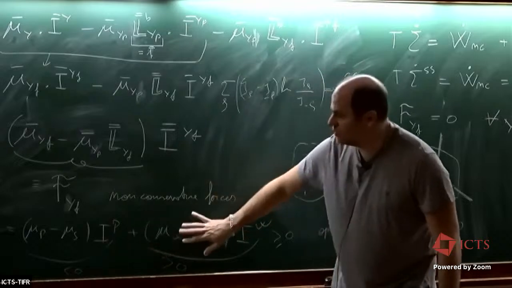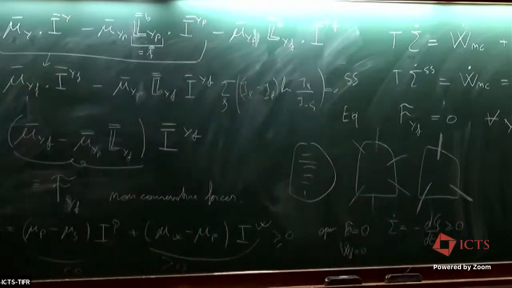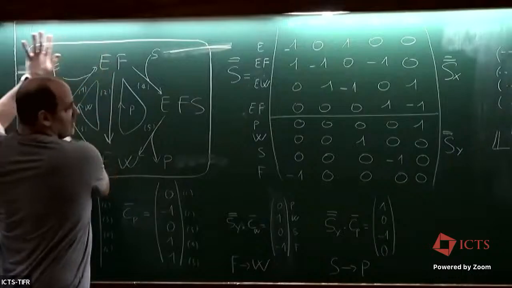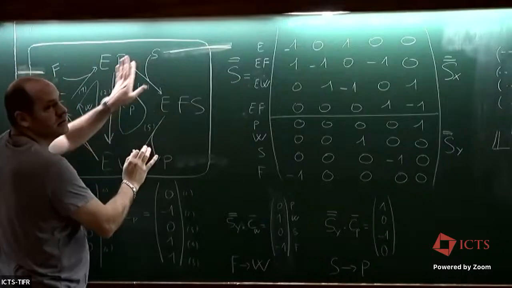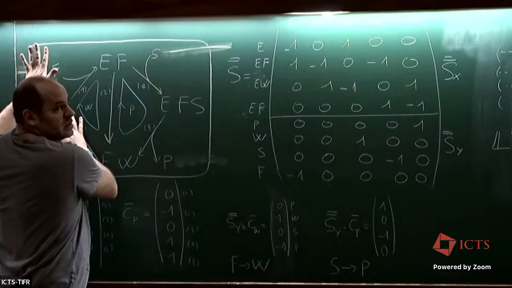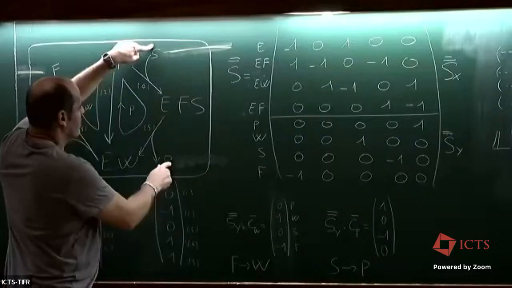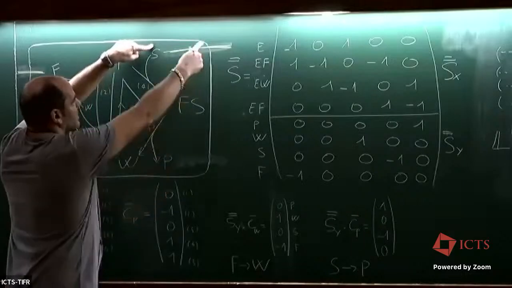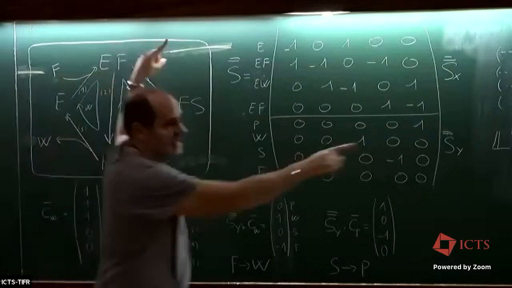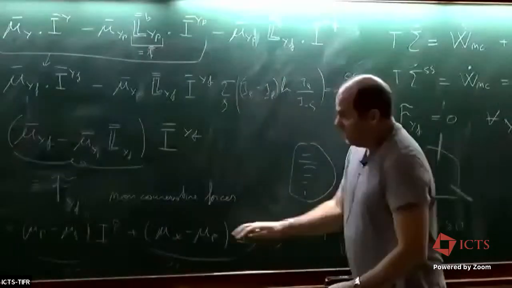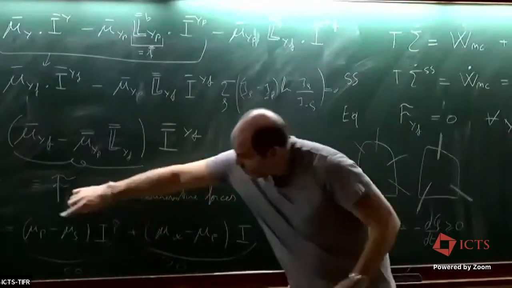So let's ignore this part of the network. We only look at this part, so there's no coupling to the other. If mu s is larger than mu p, the flux is going to flow like this. And this is what the second law tells you, because now the second law applies to only this.